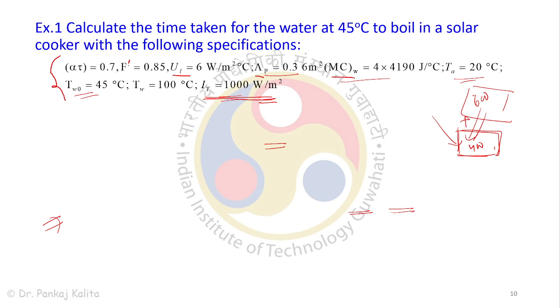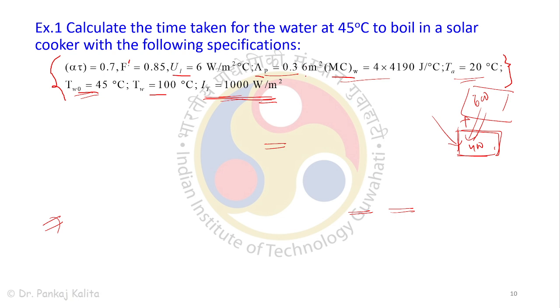Your MC, the mass into the specific heat capacity of water, is given. This product is given, your ambient temperature is given, your water inlet temperature is given, and the outlet, because it is the desired temperature. And your water boiling temperature TW is given, and your incoming flux is given.